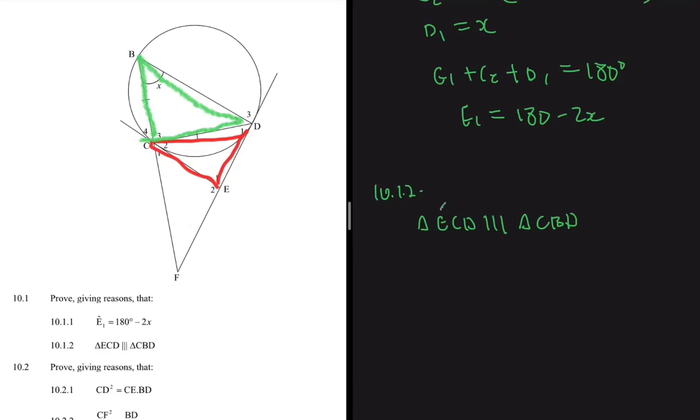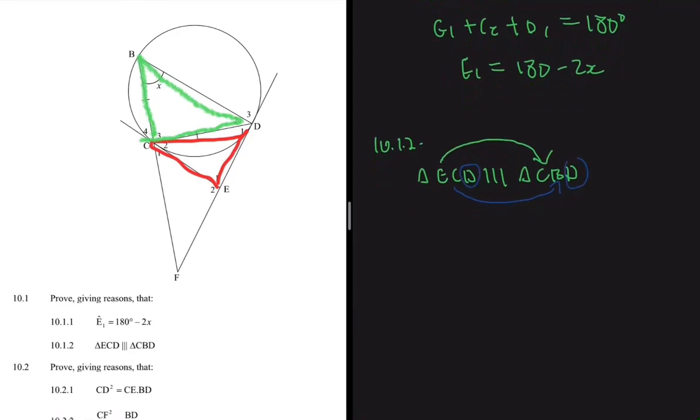So angle E in triangle ECD should be equal to angle C in triangle CBD. Angle C in triangle ECD should be equal to angle B, because it's the second letter of how they name the triangle, right? And angle D in ECD should be equal to angle D in CBD.